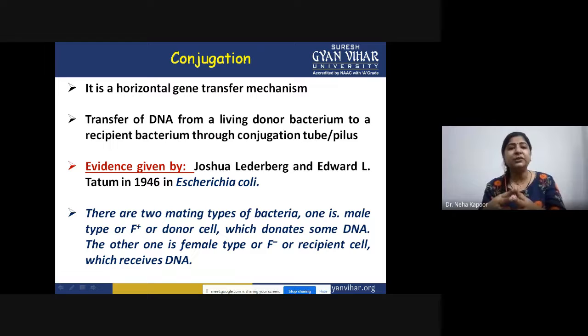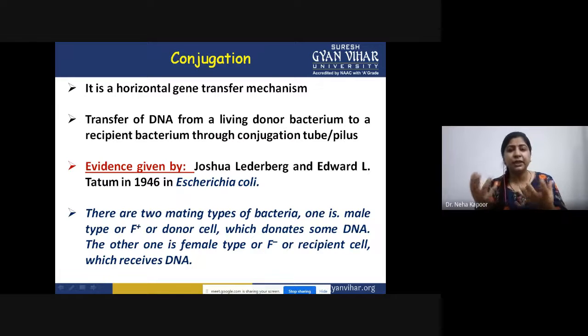This was proposed by two scientists, Lederberg and Tatum, in the year 1946. They conducted experiments in E. coli. And from there, we got the information that this is the mechanism by which a conjugation tube is formed between the two bacteria, so that they can exchange the genetic material.